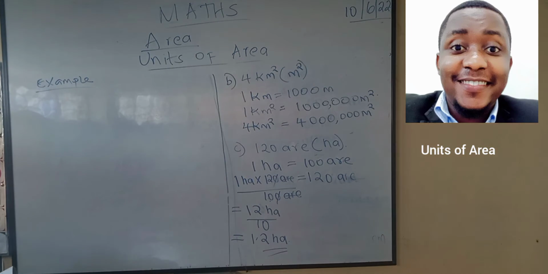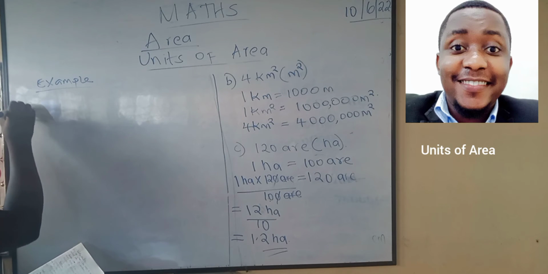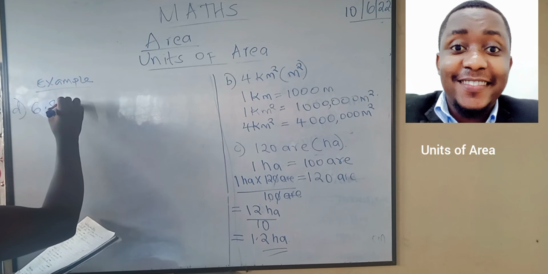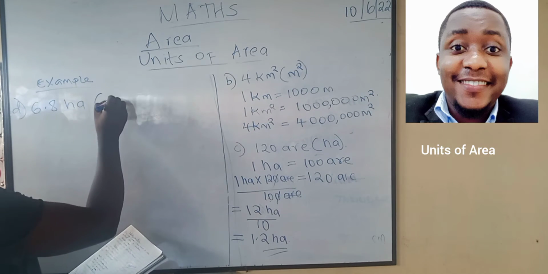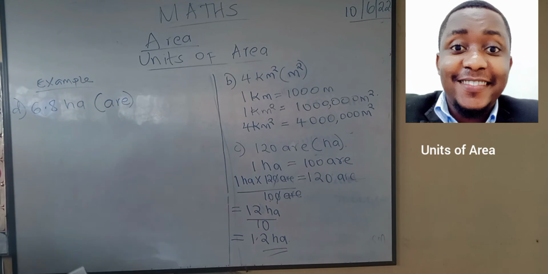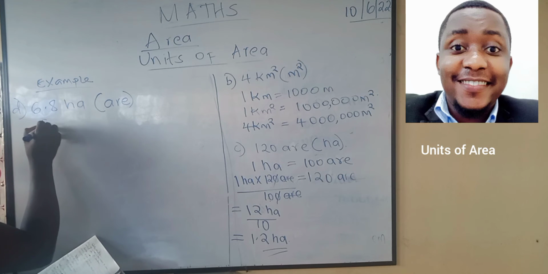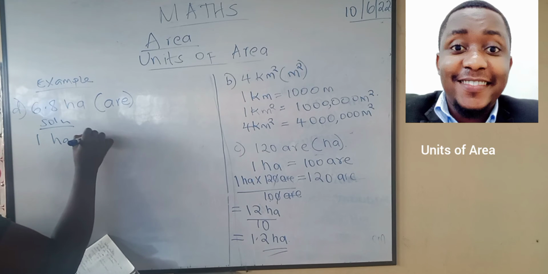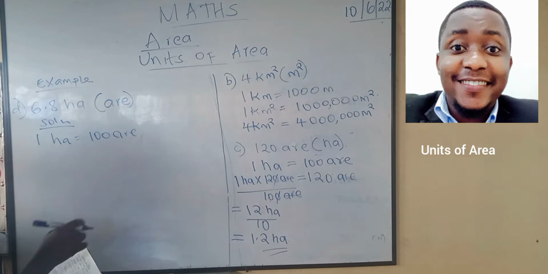Let us do another one. 6.8 hectares into acres. Now, you know that 1 hectare is equal to 100 acres.